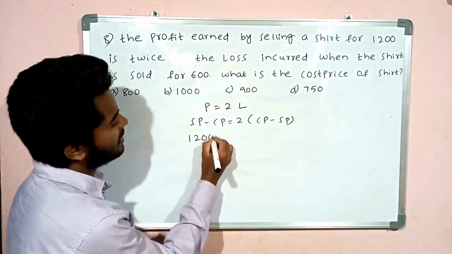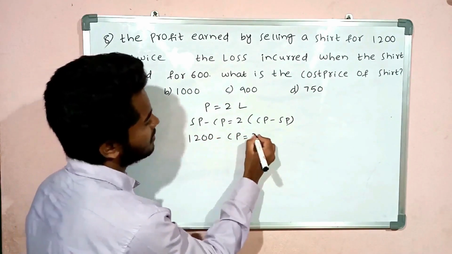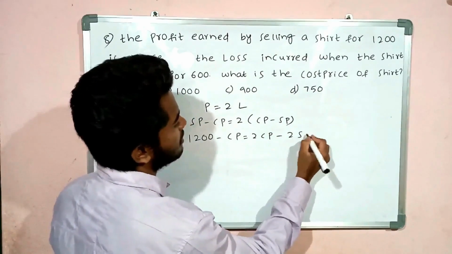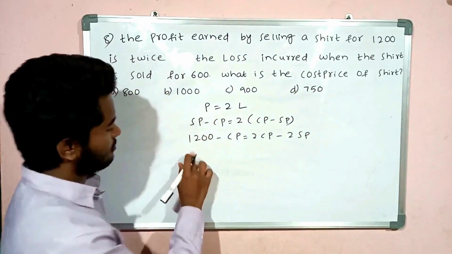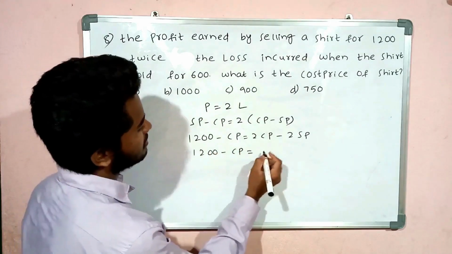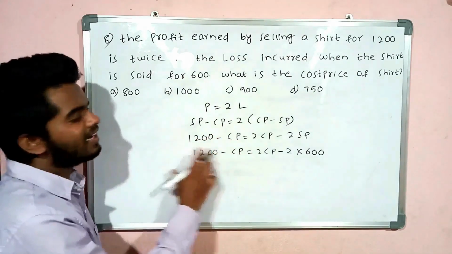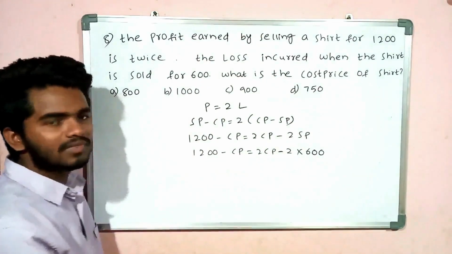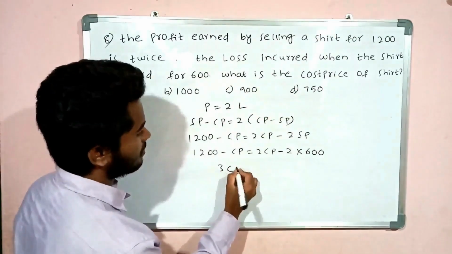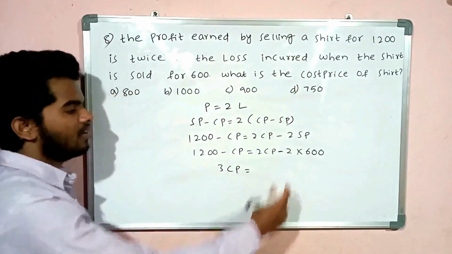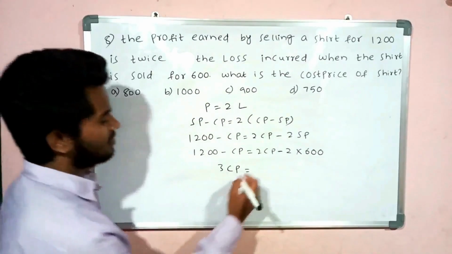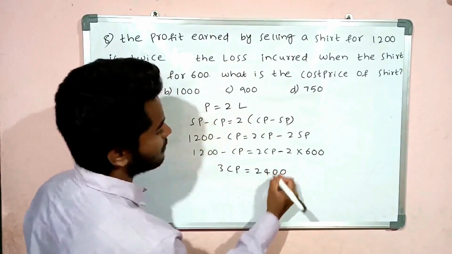So first selling price is 1200 minus cost price equals 2 times cost price minus 2 times selling price. The selling prices are 1200 and 600. So 3CP equals 2 into 600 plus 1200, which is 1200 plus 1200, 2400.